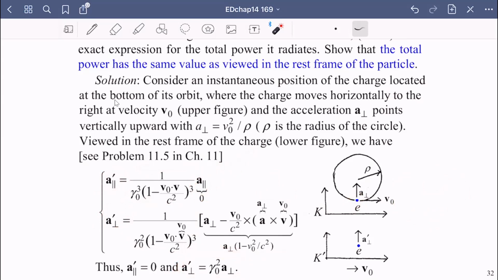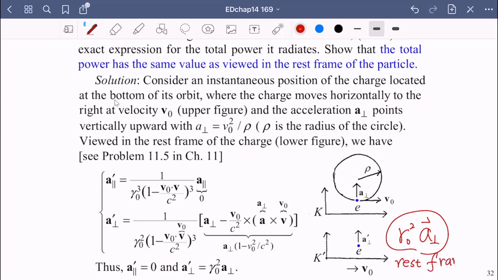So in the rest frame we get gamma0 squared times a perpendicular. This is the lab frame.